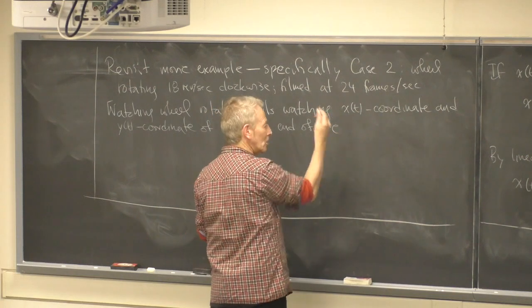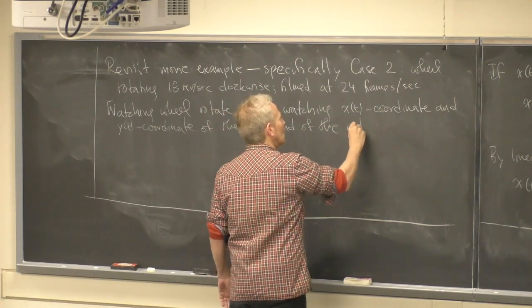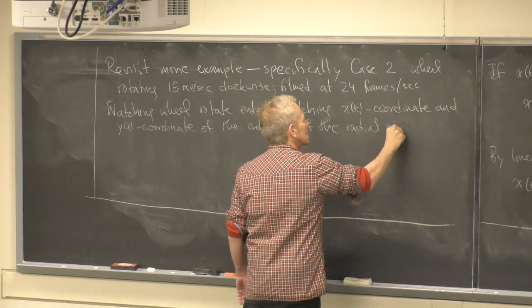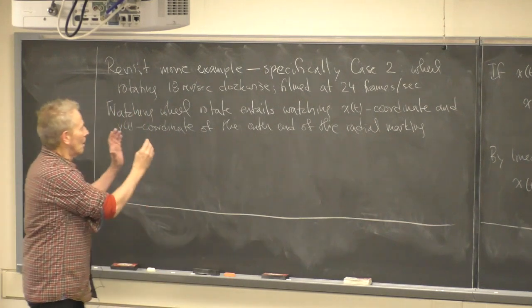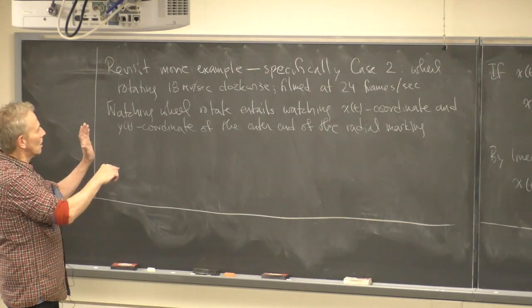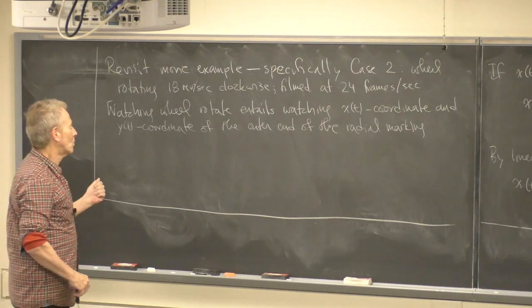Remember, we had the radial marking on the wheel so that our eyes could at least track what's going on. Now, in the case of the wheel rotating clockwise 18 revs per second, what are the x and the y coordinates?